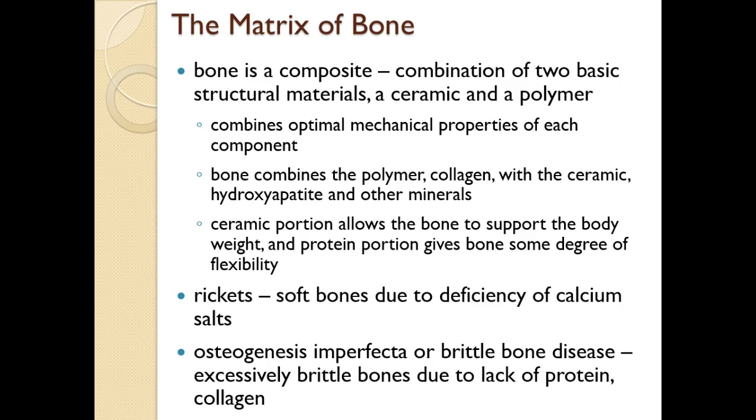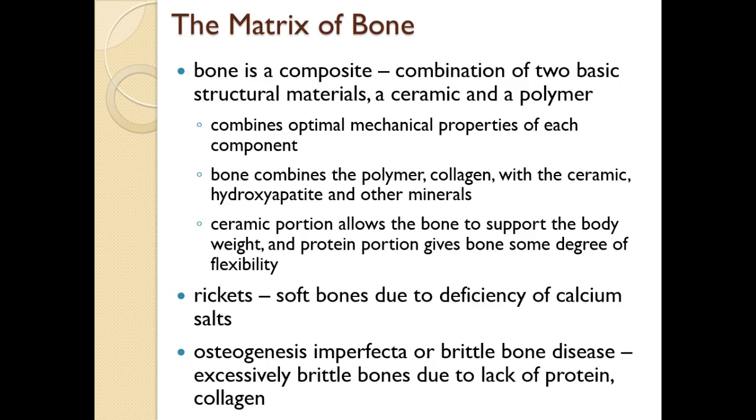This gives you an idea of the difference between the inorganic component and the organic component. Again, the organic component makes up about one third of the bone matrix, whereas the calcium phosphate, being the inorganic part, makes up two thirds. The combination is important because the structures lend a different role to maintaining bone.